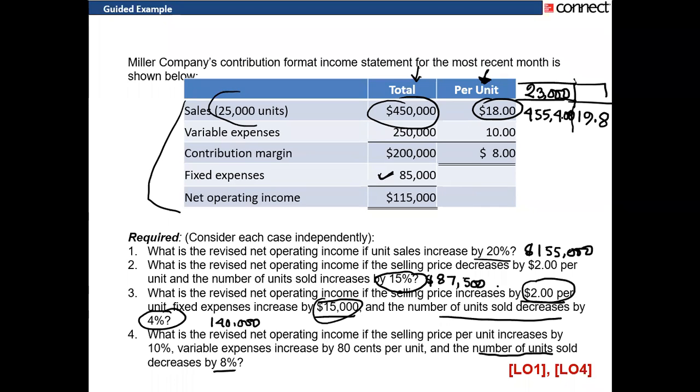And our variable expenses, is there any information on variable expense? Yes, variable expense will be affected. It will go up by 80 cents per unit. So we have now $10 per unit, and now it will go up by 80 cents, so it will be 10.8.